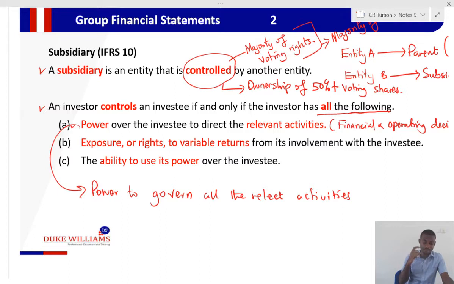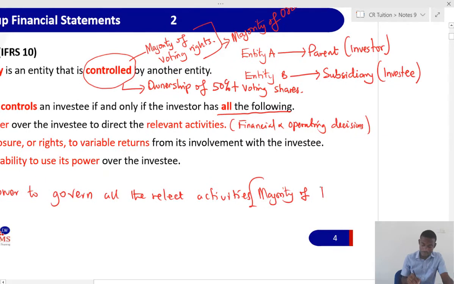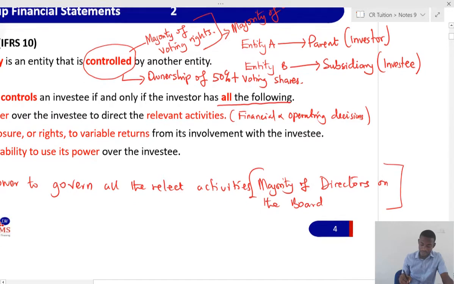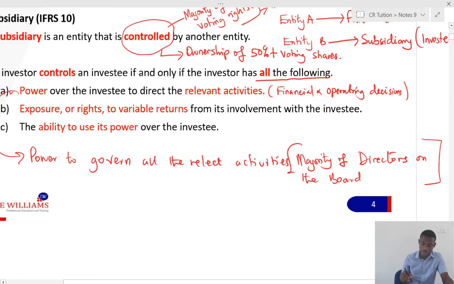And in most cases, that power will be demonstrated by having a majority of directors on the board. So the investor will have a majority of directors on the board of the investee, and because they have that majority, they will be able to govern. In terms of voting right, they will have majority voting on the board.